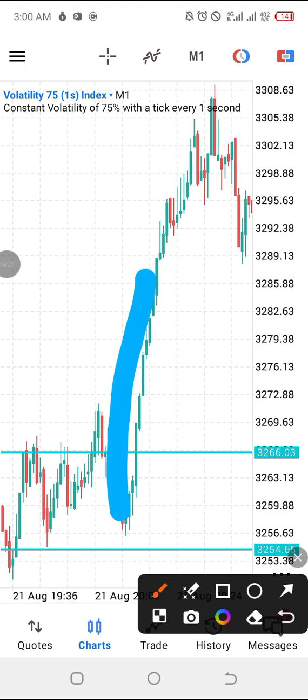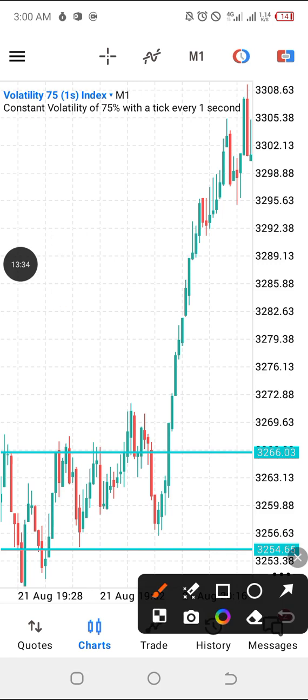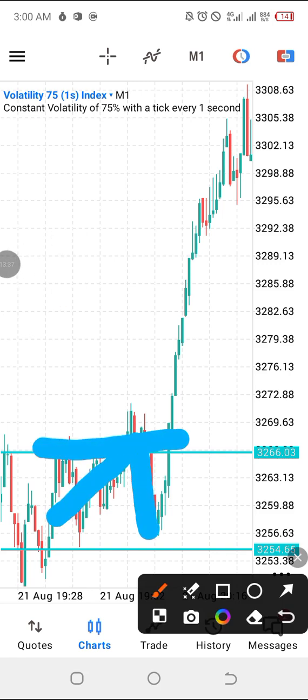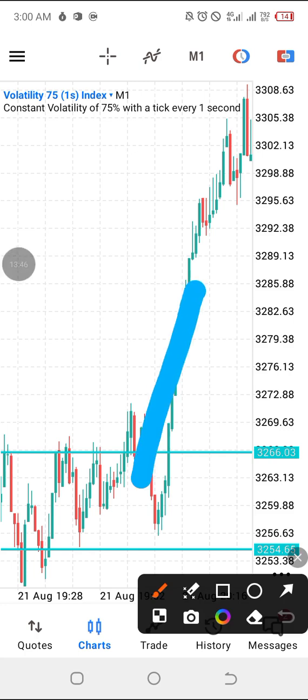So when market is consolidating or in sideways movement, that is ranging, just expect a breakout soon. This is what I mean by breakouts. On the norm, when it gets here, it would come down, but it got here and it went up. That's a breakout. But this one did not retest like the ones I've been showing you, where it would retrace down before going up.